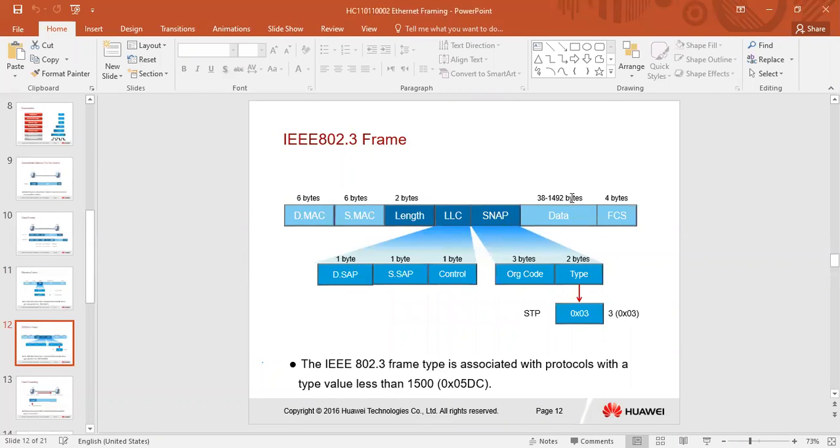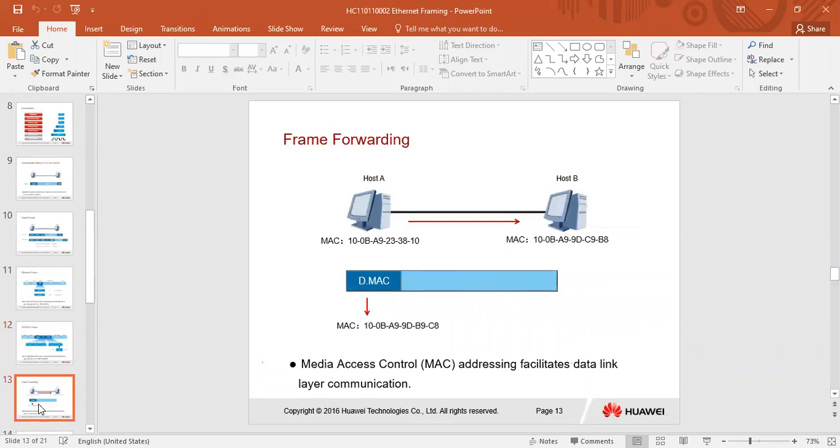In IEEE 802.3 the data is from 38 to 1492 bytes, while in Ethernet 2 framing the highest frame size is 1518. Hopefully you have got my point.